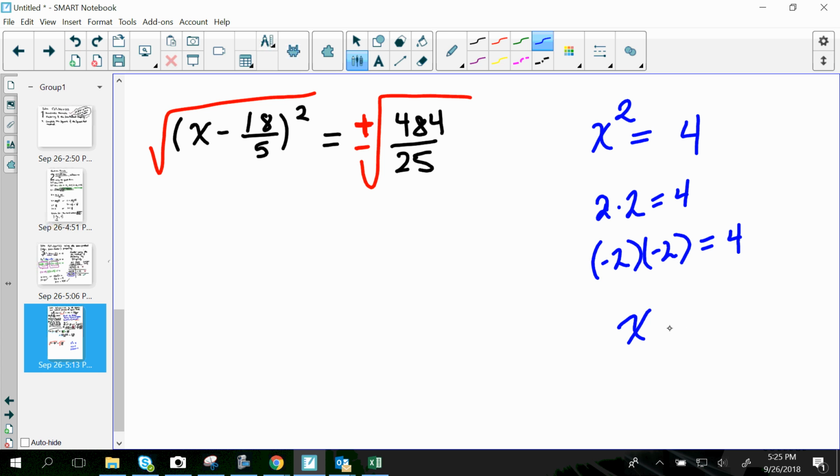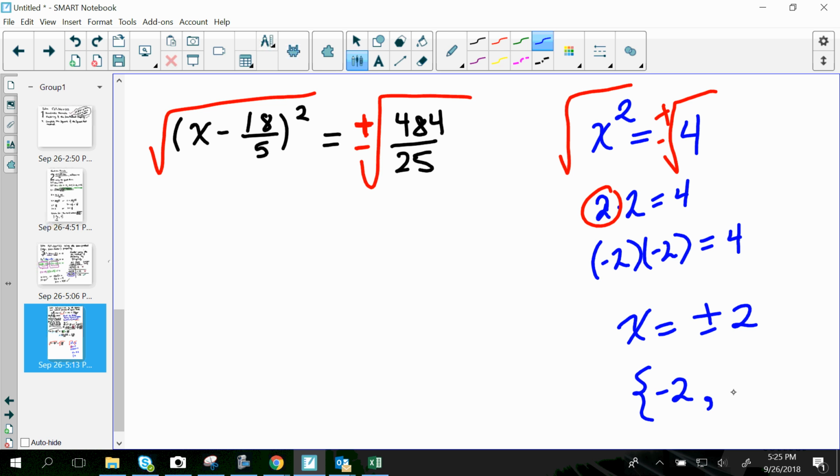Therefore, when you take the square root of both sides, if you were to not put plus or minus, you would only get one of the two possible solutions. But if you put plus minus, then you'll end up with x equals plus or minus 2. That's two ways that you can square something and get positive 4.